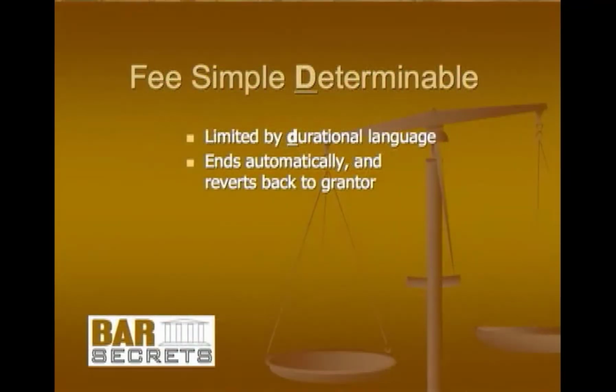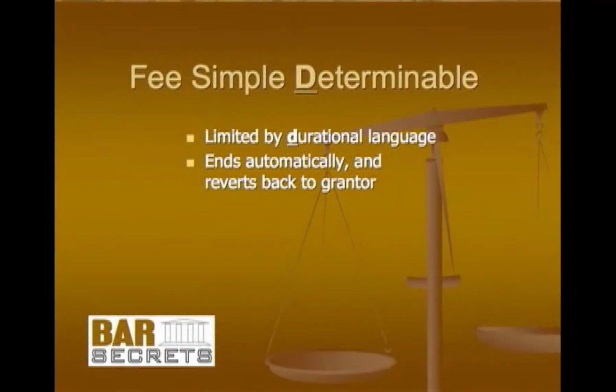Now, remember, durational language: so long as, while, until. Now, one of the points about this is the future interest is held in the grantor. And that future interest is called the possibility of reverter. The other important thing to remember about this fee is it ends automatically.